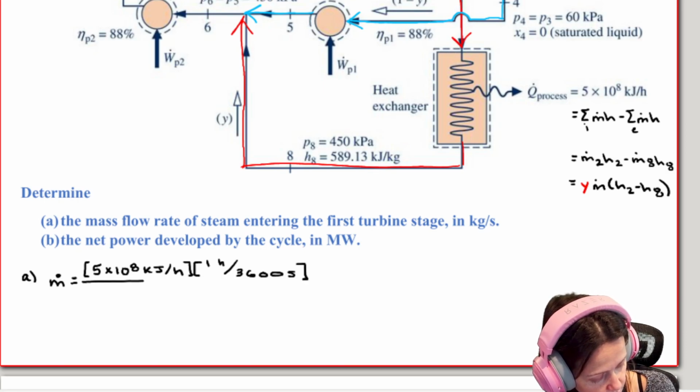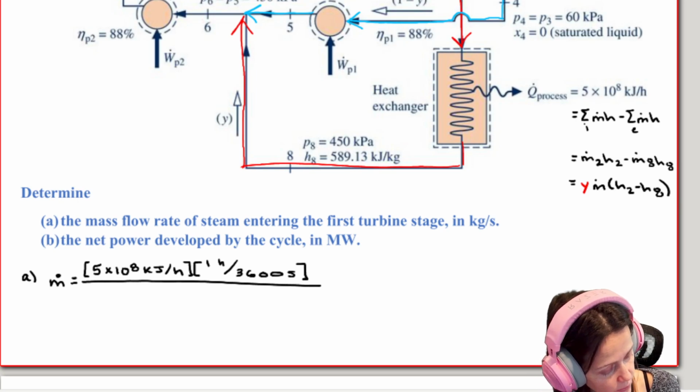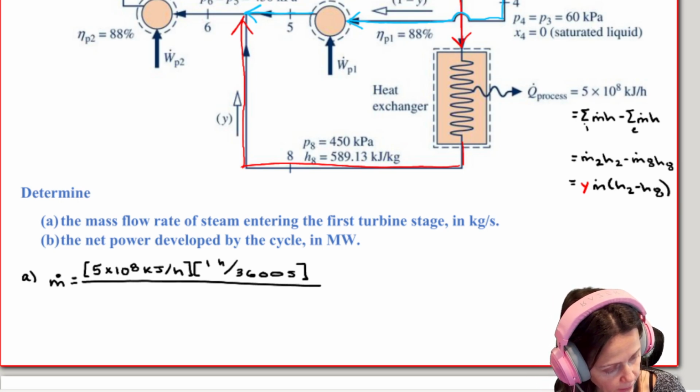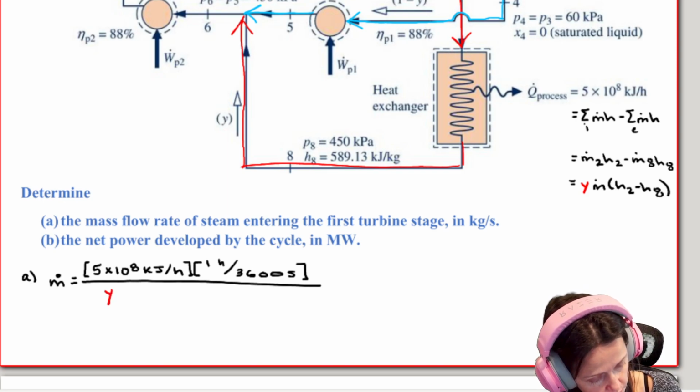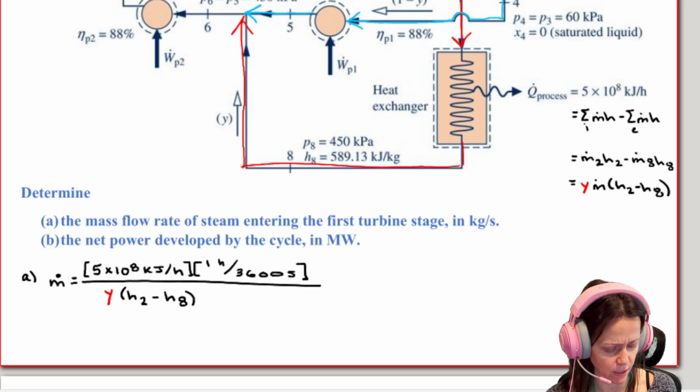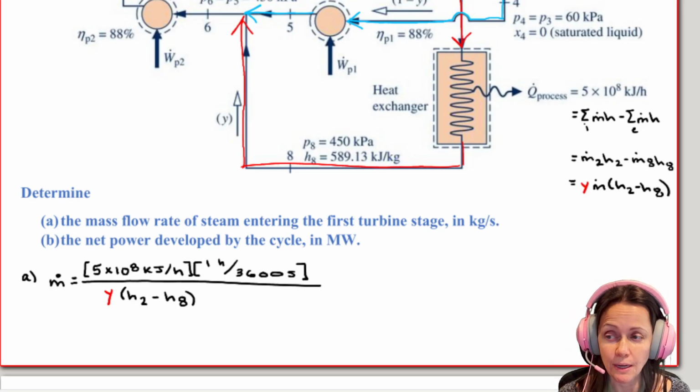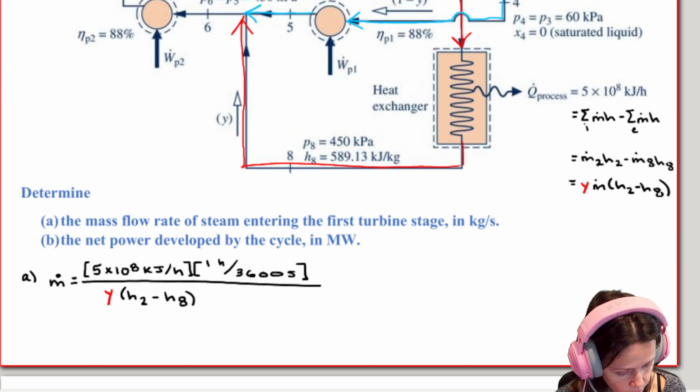On the bottom I'm going to have y times h2 minus h8. So I need h2 and h8. Actually, I don't need y because that was given to me.